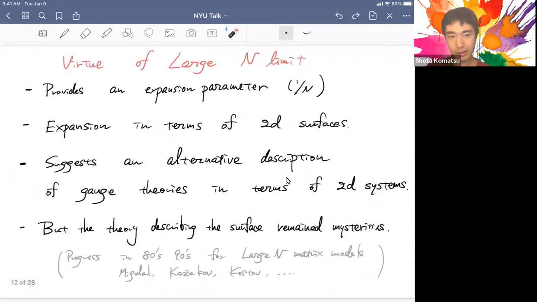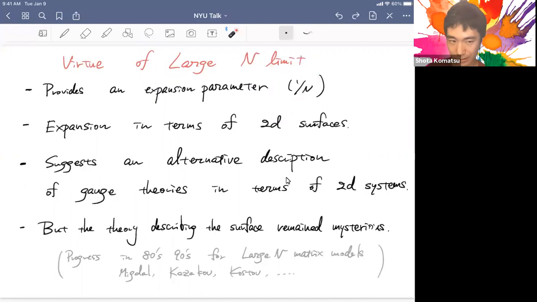Okay. So there are several advantages of considering this large N limit, which is a kind of generalization of QCD. First of all, this large N limit allows us to have an extra expansion parameter, which is 1 over N. And furthermore, the expansion can be organized in terms of 2D surfaces.